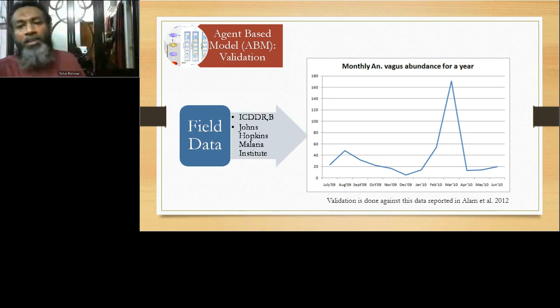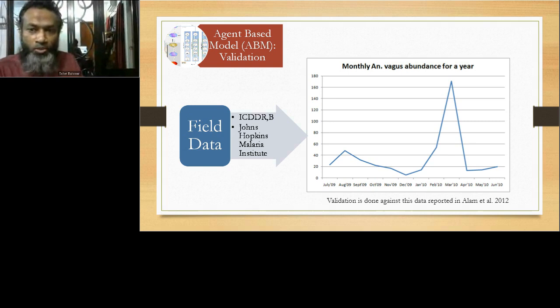And from there, we got female abundance data for a particular year. And we used that data to validate our model. But note that we were not able to do the validation on a quantitative basis. Rather, what we did was we tried to validate the pattern. I will discuss in a moment why this is important.